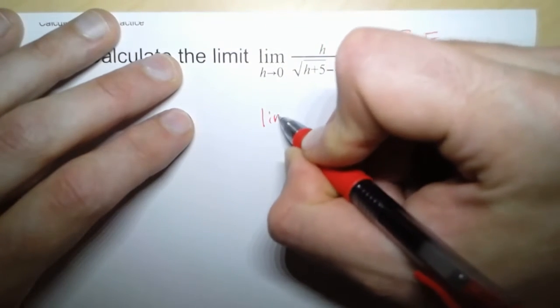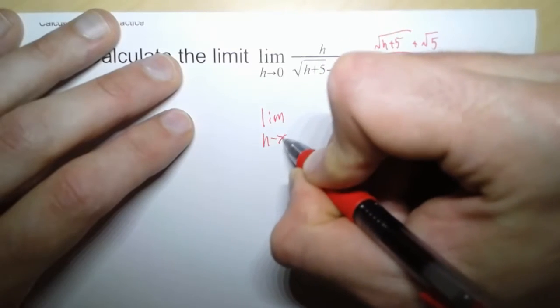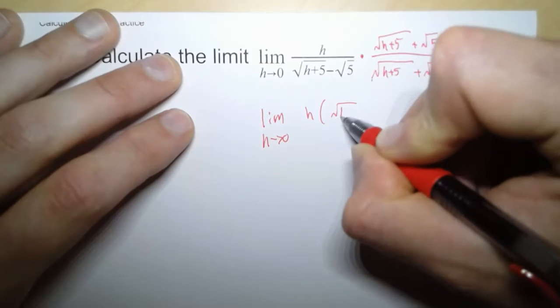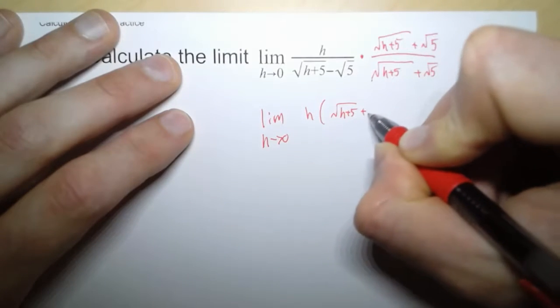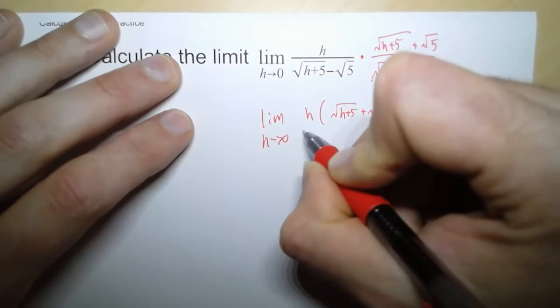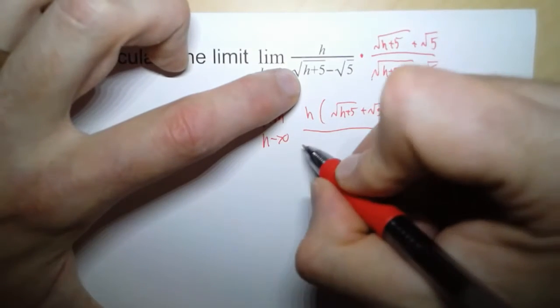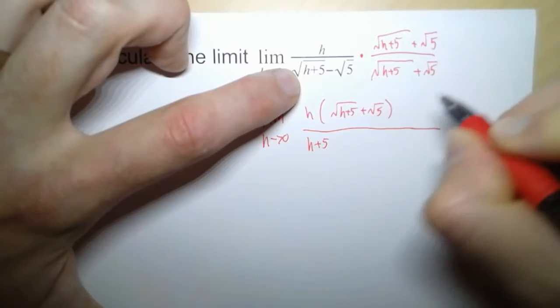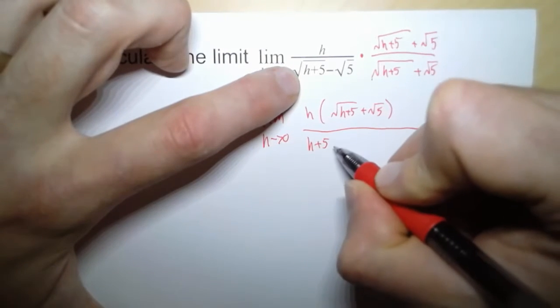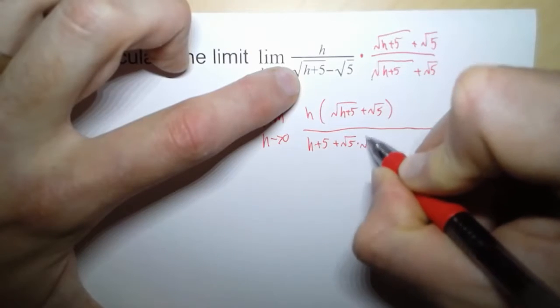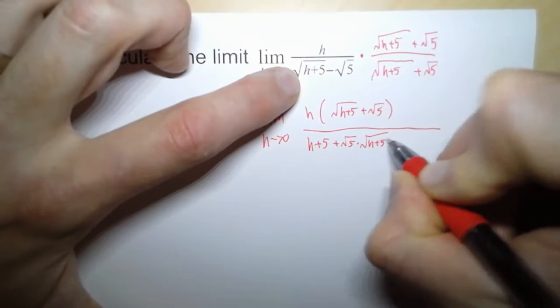So we have limit as h approaches 0. On the top, we have h times the quantity, radical h plus 5 plus radical 5. Now on the bottom, these two multiply, so we have h plus 5. These two multiply, so we have plus radical 5 times radical h plus 5.